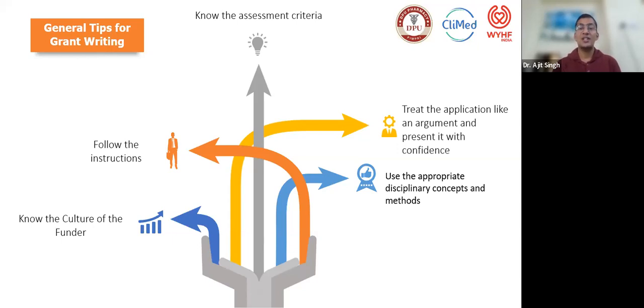Okay, and then treat the application like an argument and present it with confidence. Why? It is very important. We should always take it as an argument, because it is something related to innovation. And as I told you in the last class yesterday, we should always ask questions.